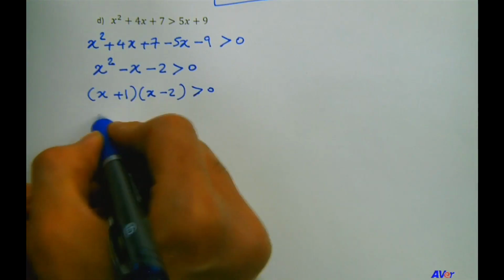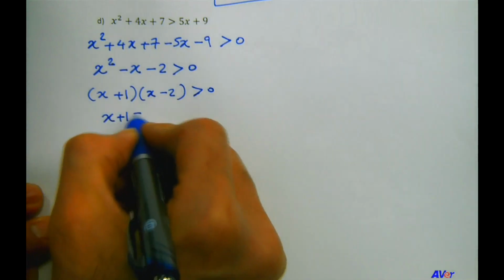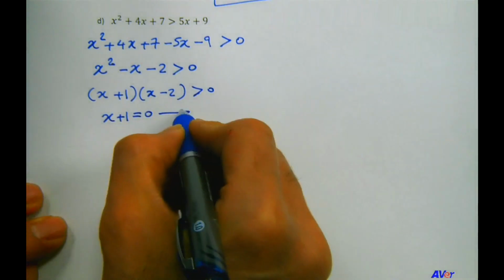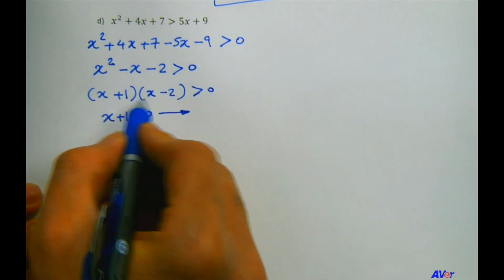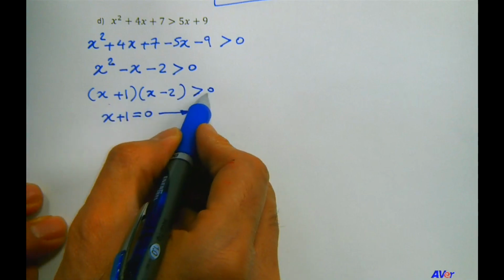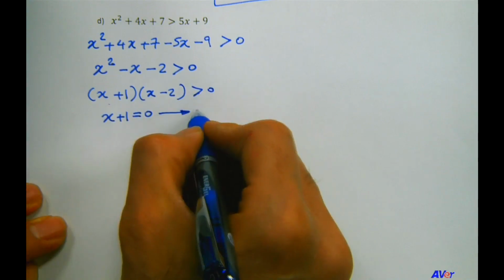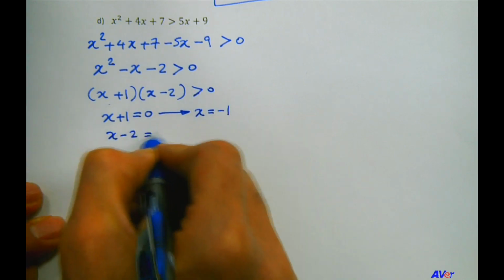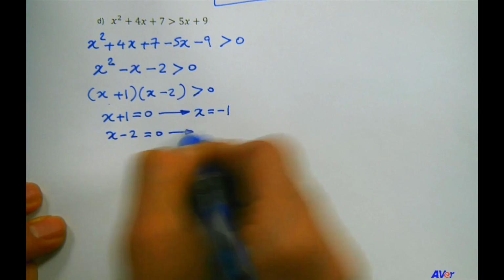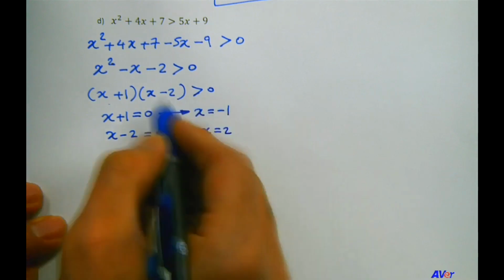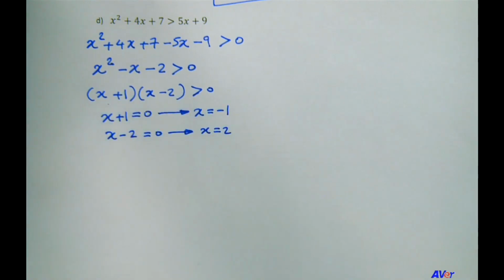The boundary solutions. So x plus 1 equals 0. So we know the left cannot be equal to 0, right? Because the left side cannot be equal to 0, these critical values should be excluded from the final solution.